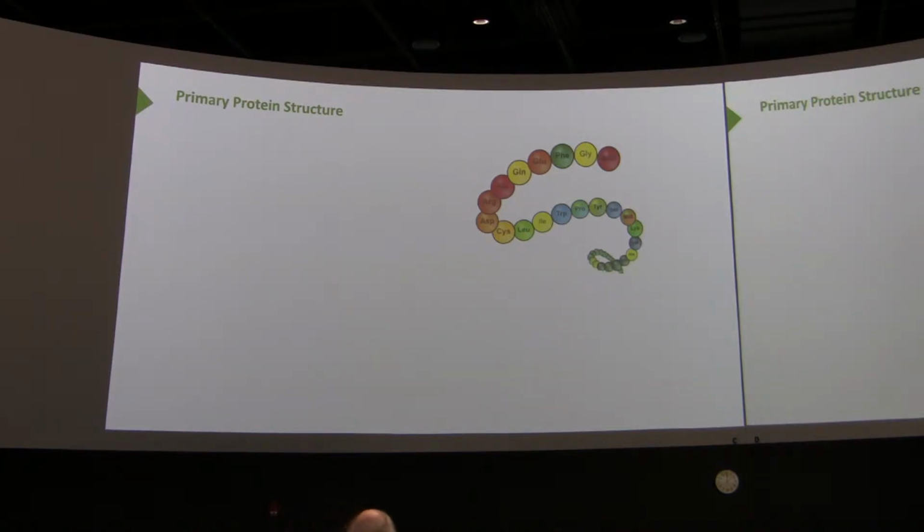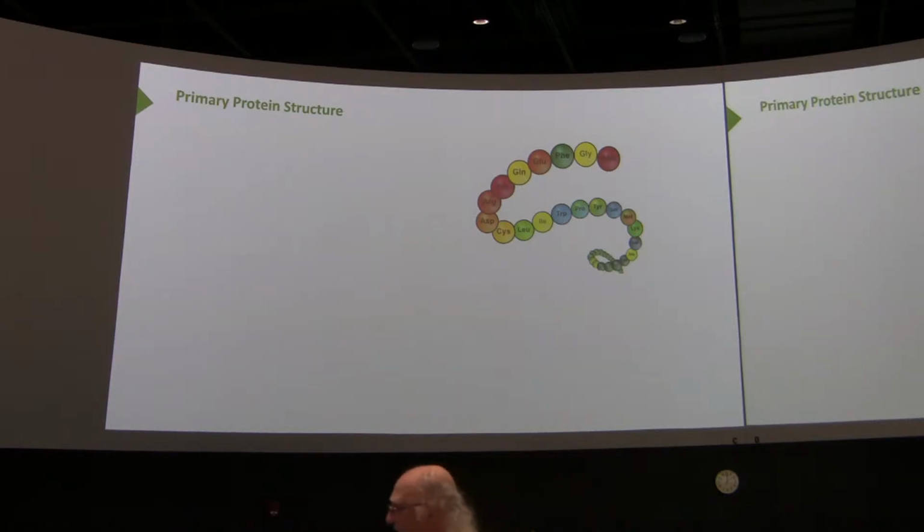This is a polypeptide chain containing several amino acids, maybe about 15, 20 amino acids right there. There's a lot of different possible ones that we could have. But proteins are not made randomly. They're made according to a specific dictate, and that dictate is found in the coding region of the DNA for that protein.